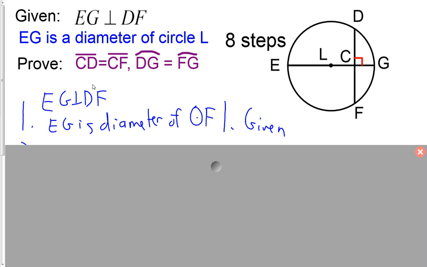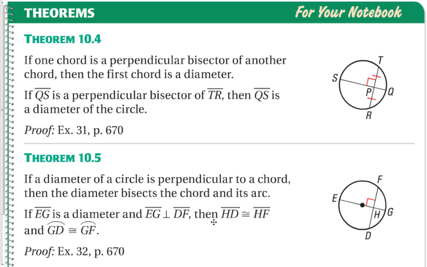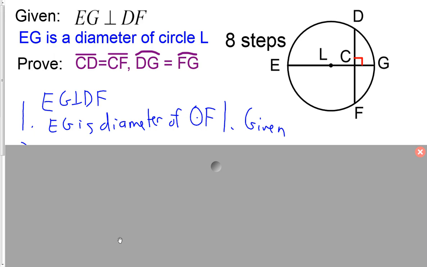We've got perpendicular, prove it's a bisector, and prove that those arcs are congruent. I kind of missed mentioning that, but it also said for congruent, we bisect the segment and the arcs, FG and GD are congruent, or GD, GF. So good catch there by the proof.